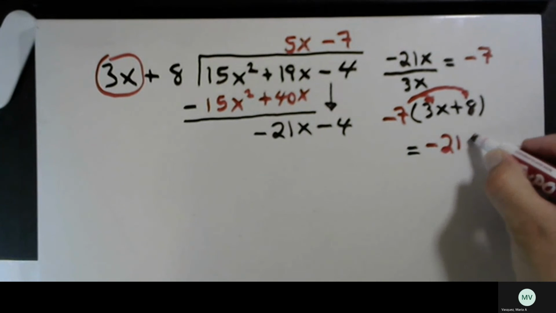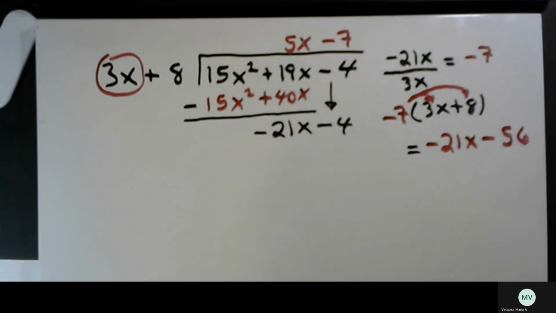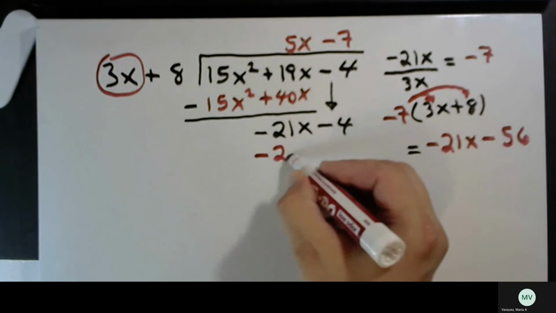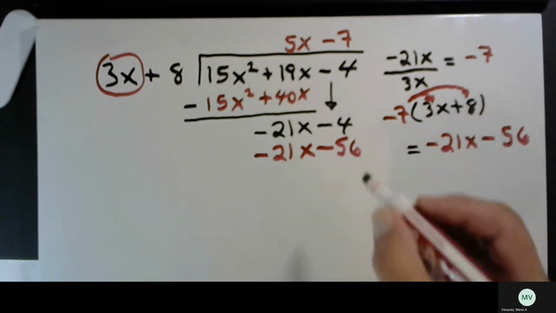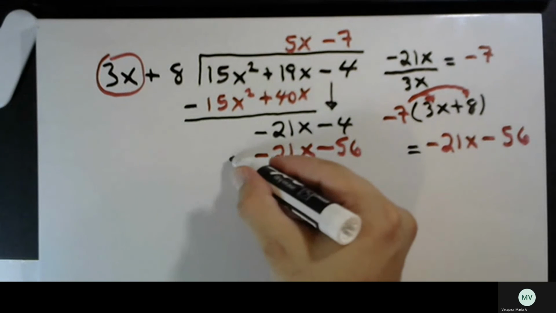Negative 21x minus 56. 7 times 8 is going to be 56. So you get negative 21x minus 56. And then we're going to subtract.